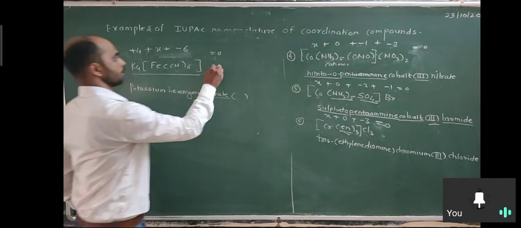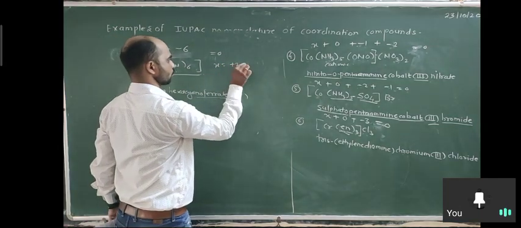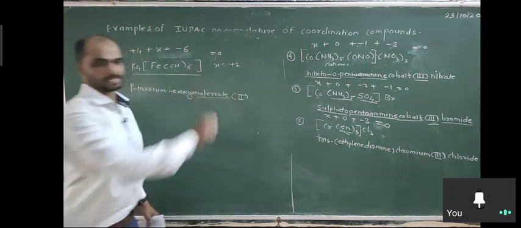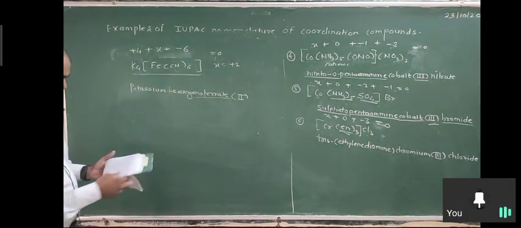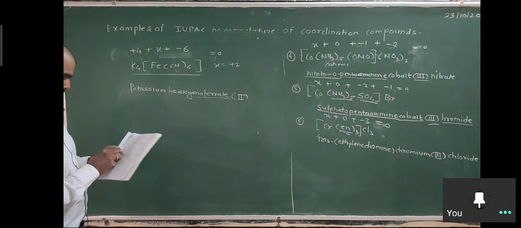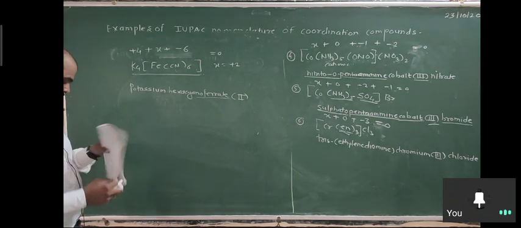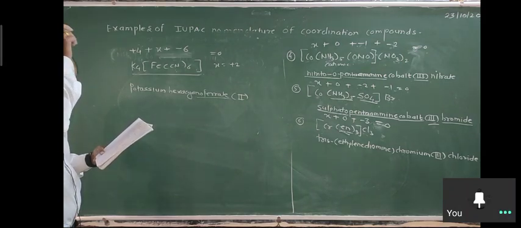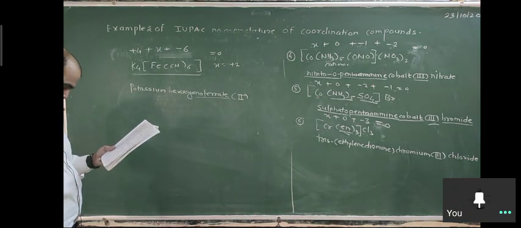That means here x is equal to +2. x is equal to +2, and here is the second. So second is the oxidation state. We take one more example and then stop today. We will continue remaining example in next lecture.